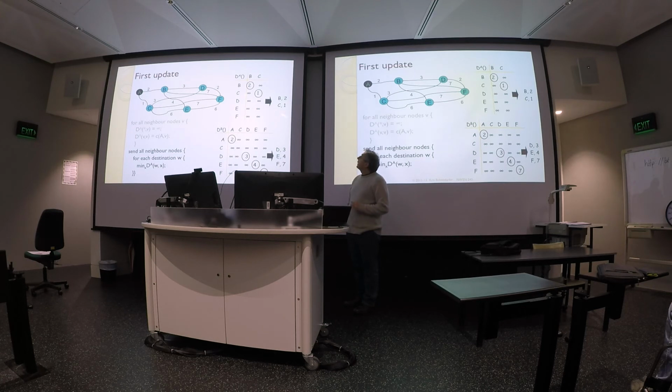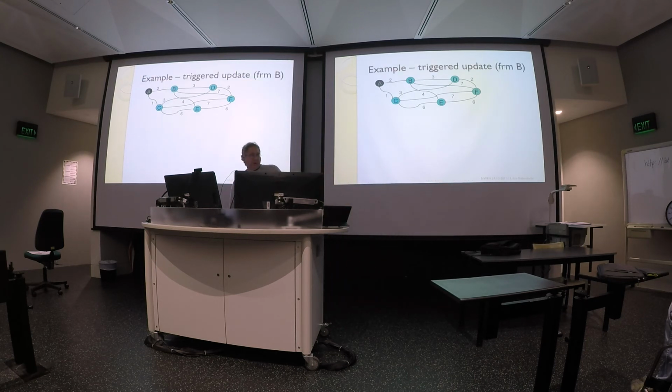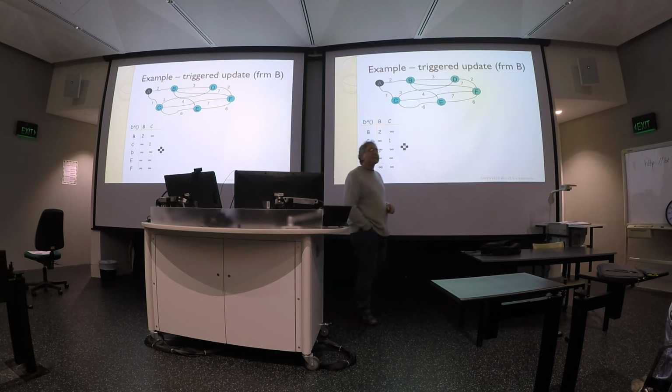Now you'll notice, I left A off. All right. It might make the next example slightly wrong. I don't think so. So what happens at A when it receives B's table?